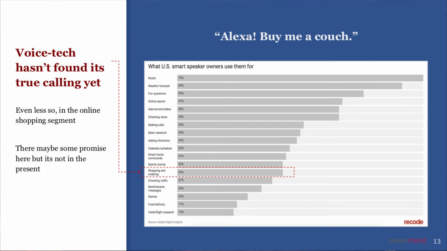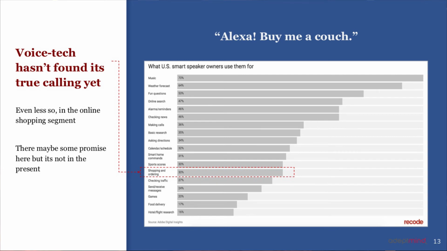This is voice-assisted buying. So think about a world where you could just say, "Alexa, buy me a couch." I wouldn't worry about it so much right now as a Shopify SMB, because even for large companies, shopping is number 13 on this list.